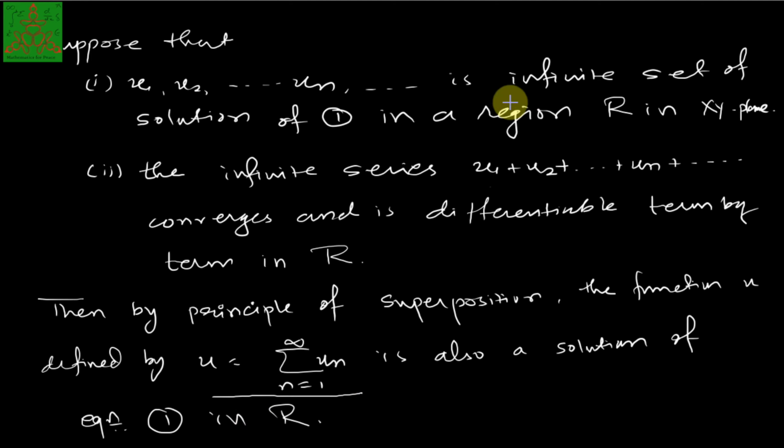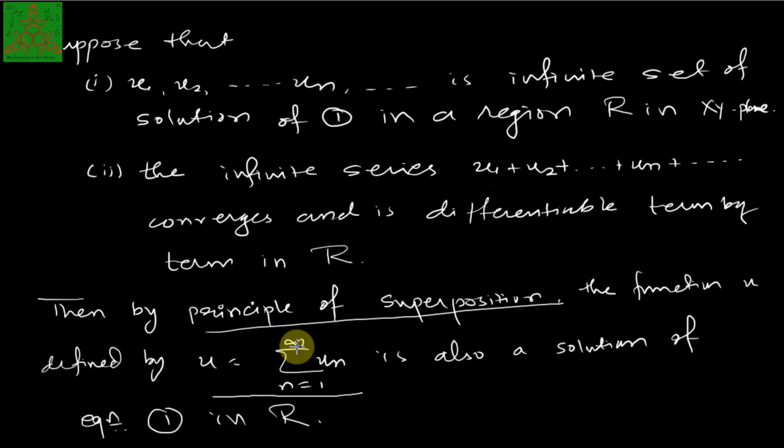So basically, the principle of superposition tells you that if u1, u2 up to un are solutions and satisfy certain conditions, that means the infinite series converges, and not only does it converge but term by term differentiation is also possible, then we can apply this principle of superposition, and it tells you that the summation of that infinite series of un is also a solution of the given problem.